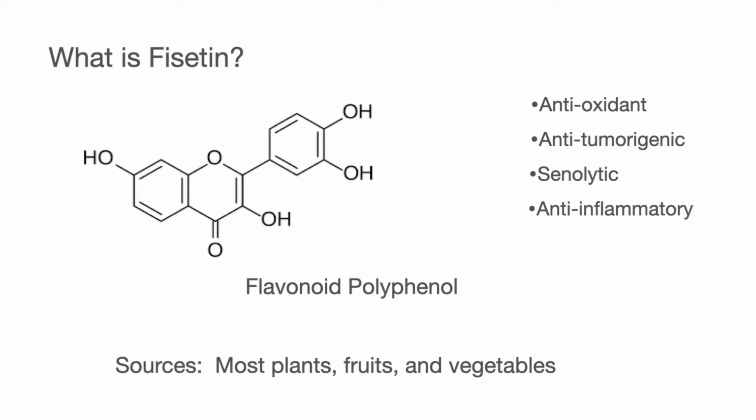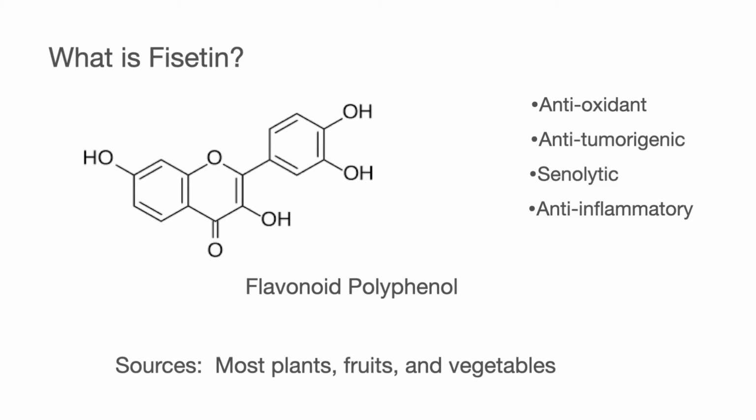It's got some anti-tumorigenic properties. Of course, what I'm most interested in is the senolytic activities of Fisetin, and it's also got some anti-inflammatory properties. And the mechanisms of how it exerts these effects, there are some redundancies.